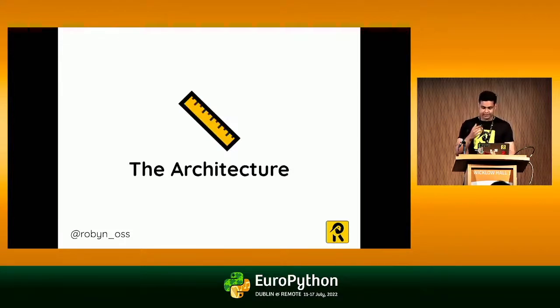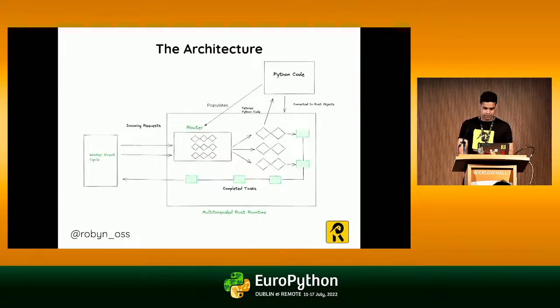Now let us have a look at the architecture to have a sense of what actually is happening. First of all, we have a worker event cycle that basically does all the heavy lifting for you. This part manages the runtime. It passes all the instructions to the Rust code, and then spawns a thread pool in the middle.